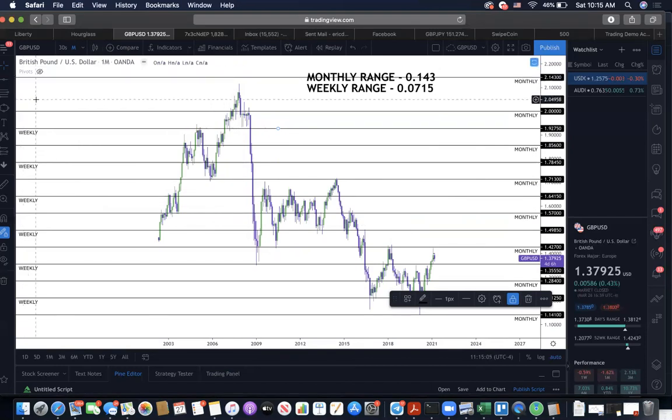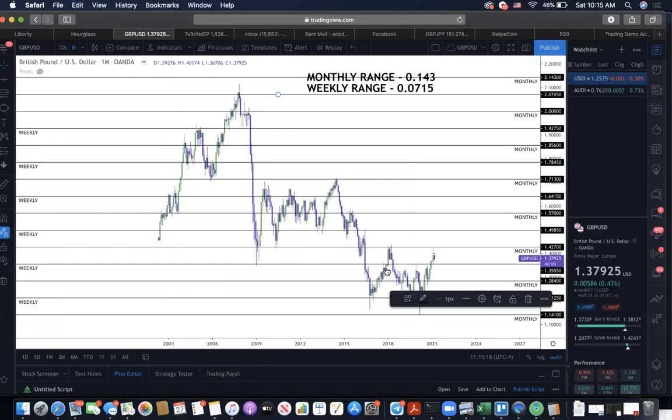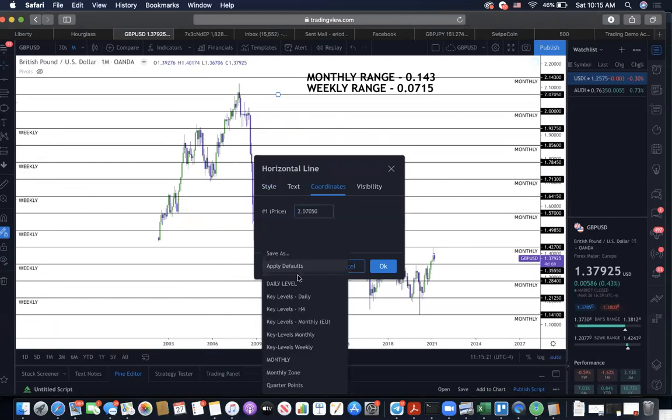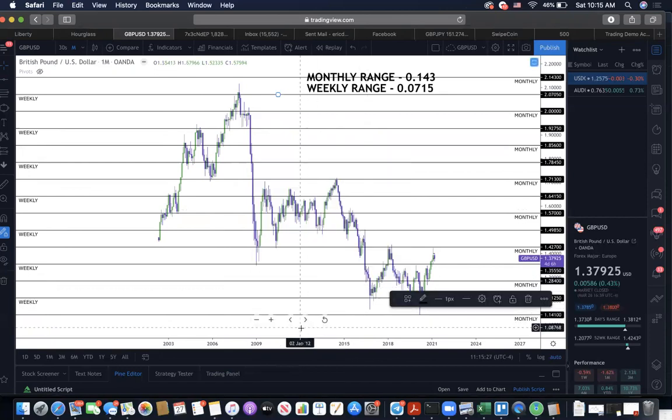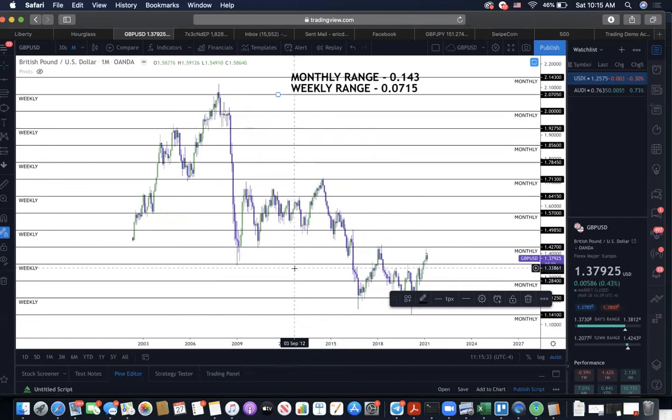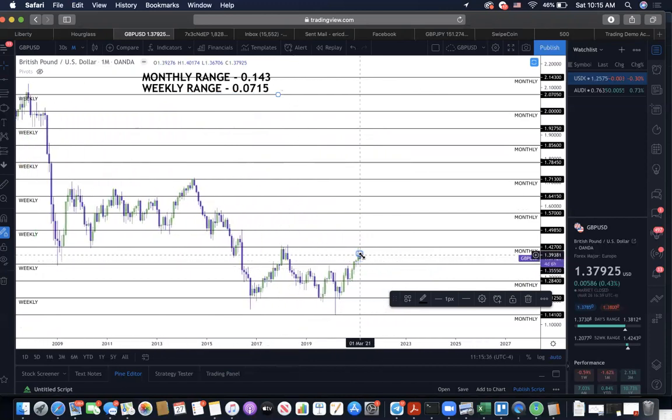Last one. And there you have it. You have your weekly and your monthly key levels. Very nice.